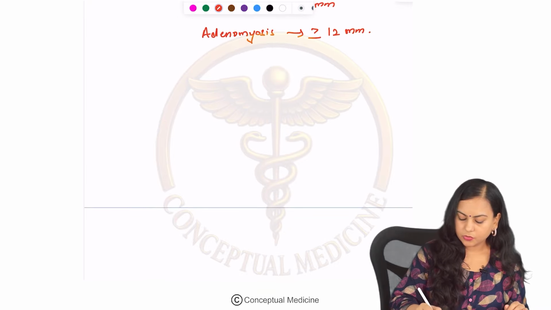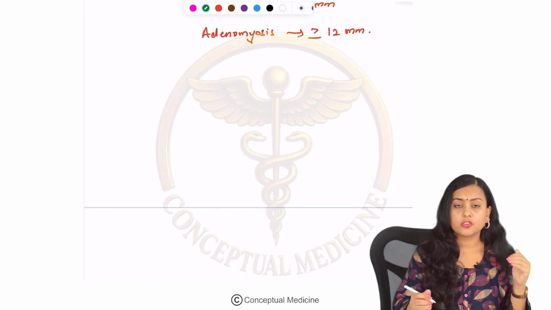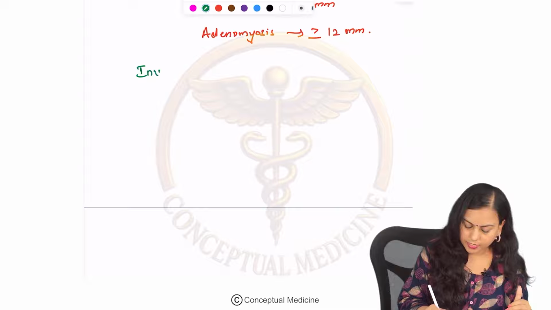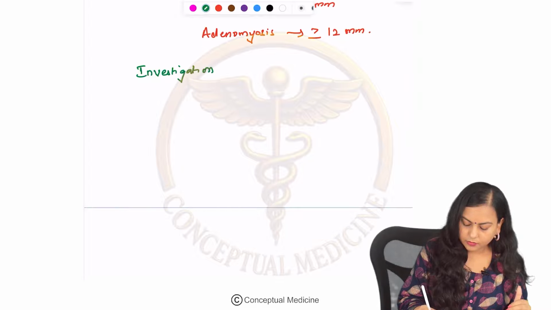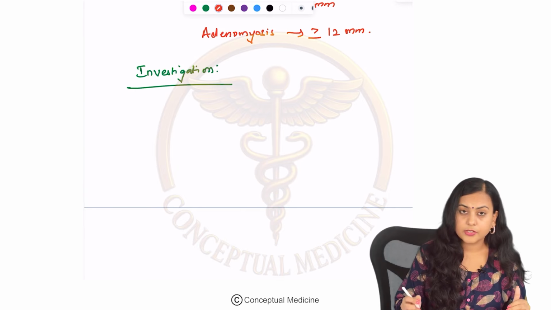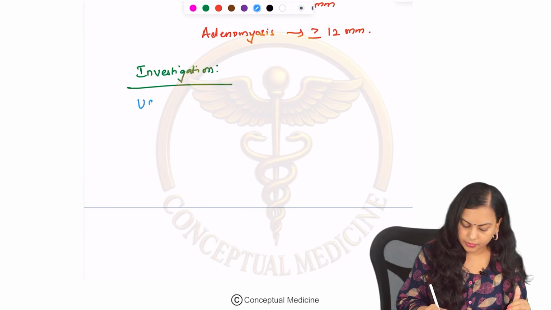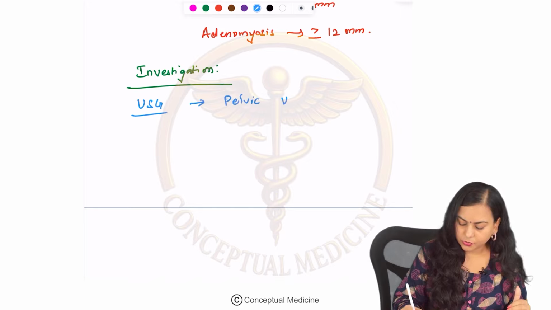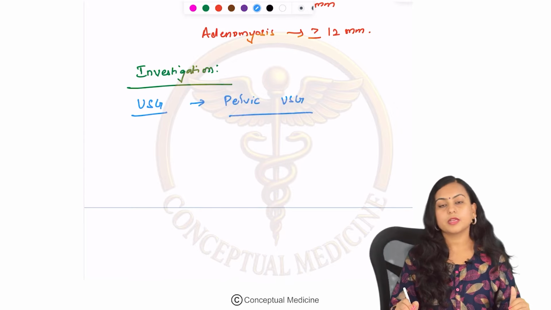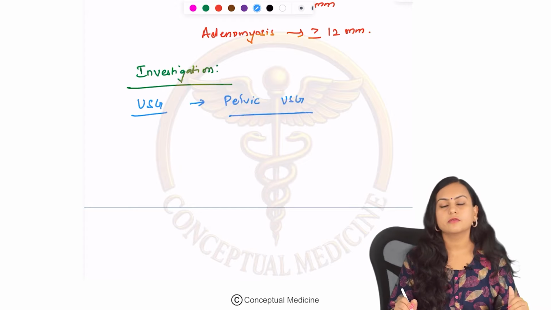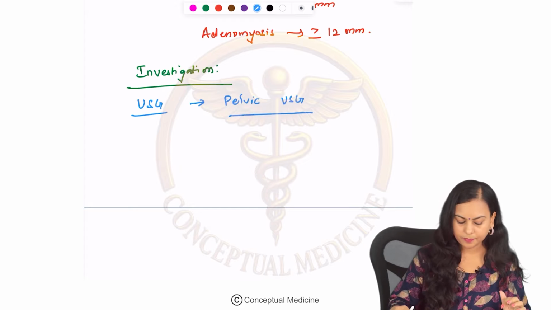Clear? So what will be the investigation you will offer them? Investigation you will offer them will be ultrasonogram, right? So your pelvic ultrasonogram is going to be the primary imaging modality you will offer when you see such a patient. Okay.